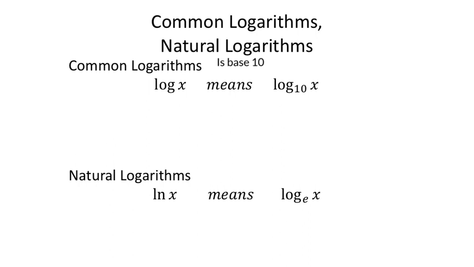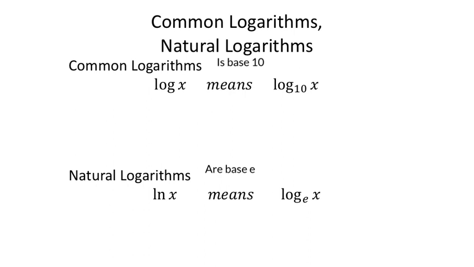Euler's constant occurs quite naturally, which is why, if it happens to be a log with base Euler's constant, e, then we call it a natural logarithm. So natural logarithms are base e, which is Euler's constant.